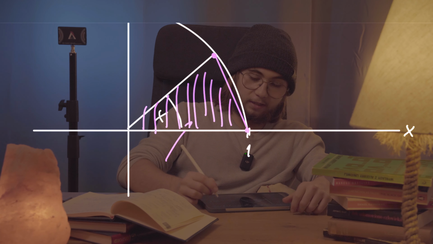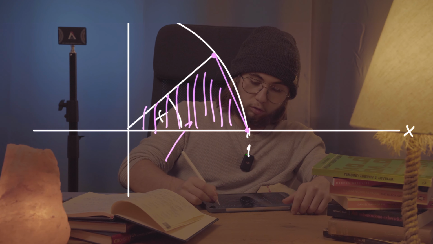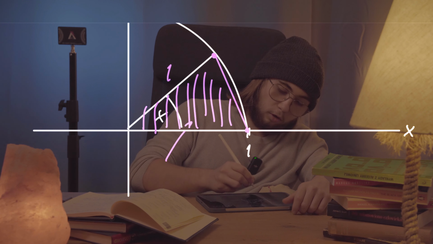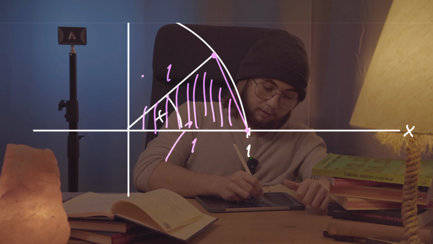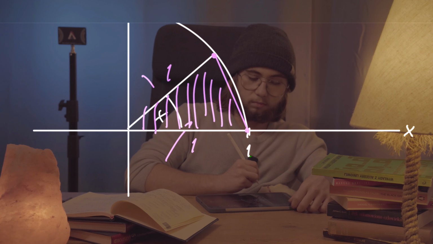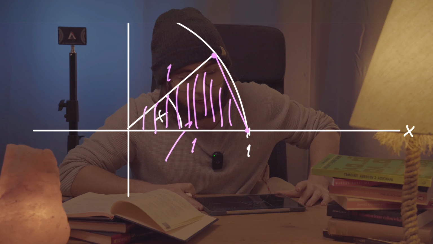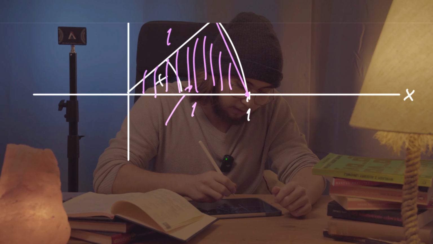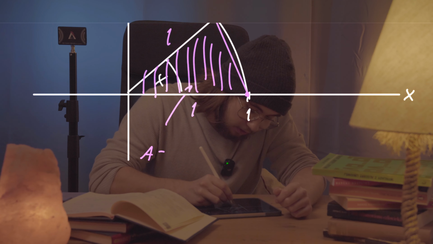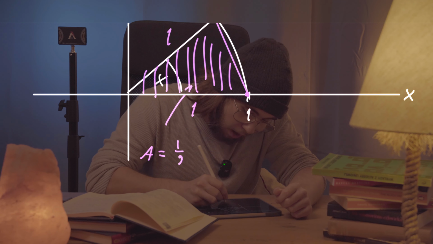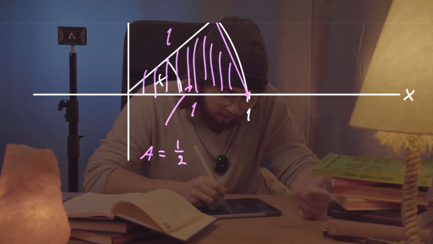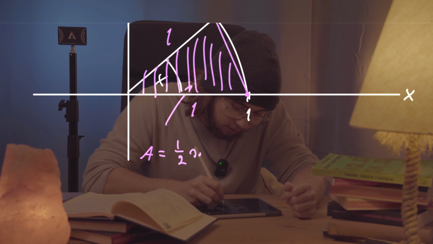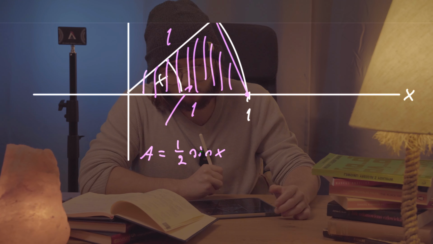But the nice thing is that those two line segments are of length 1, and we have an angle of x lying between them, so this area is going to be equal to 1/2 multiplied by 1 multiplied by 1 times the sine of x. Pretty lovely.